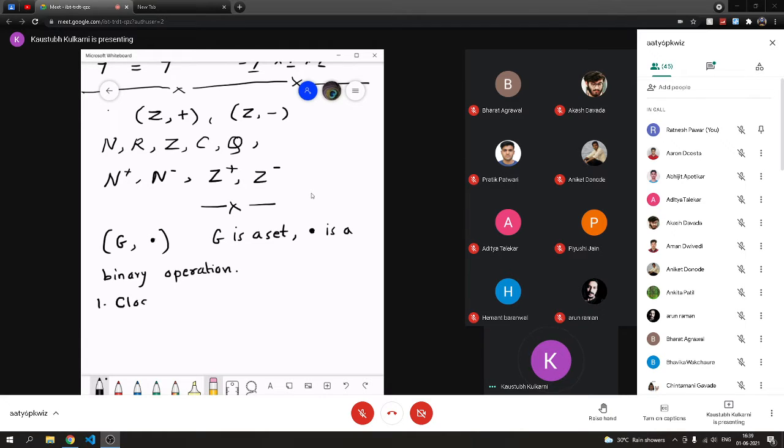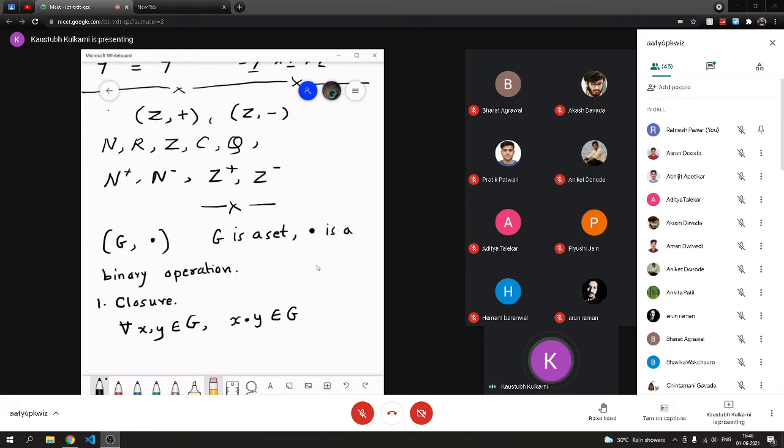First property is closure. Closure means, and now I will use the language of logic, this is 'for all', like an upside down A. For all x and y belonging to G, pay attention to how I'm saying it, we have x dot y also belongs to G. That is, if you take any two elements of the set and you perform the operation, the result of that operation will also be in the set itself.